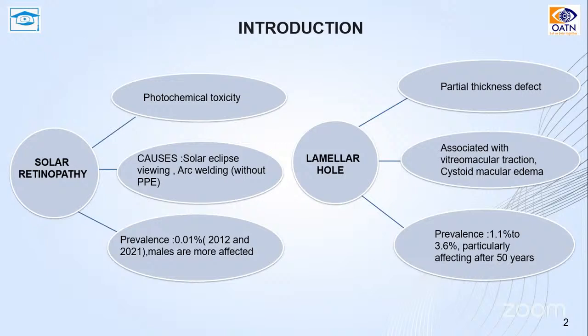Males are more affected than females. Laminar hole is a retinal disorder causing a partial thickness defect in the inner layer of the retina, usually associated with vitreomacular traction and cystoid macular edema. The prevalence ranges from 1.1% to 3.6%, possibly affecting people after 50 years of age.